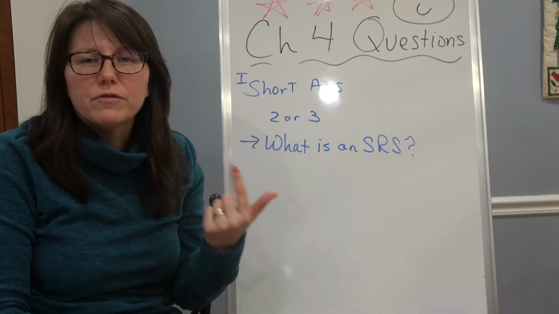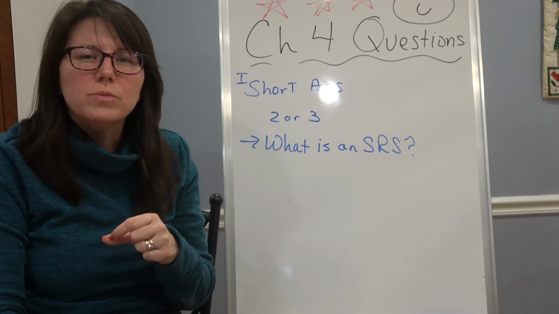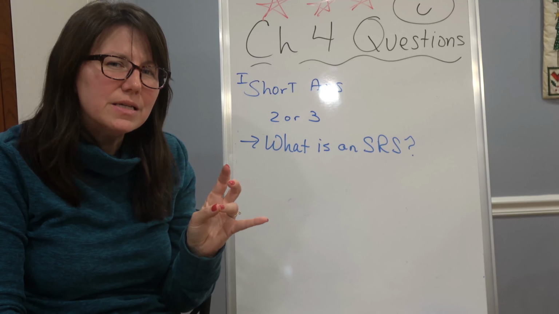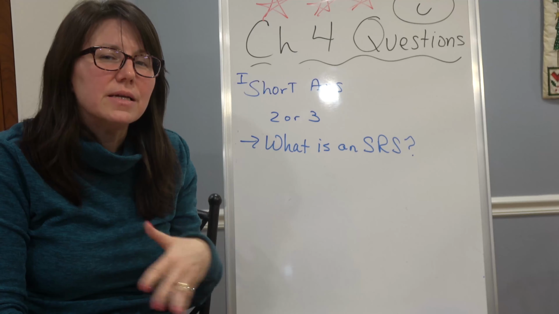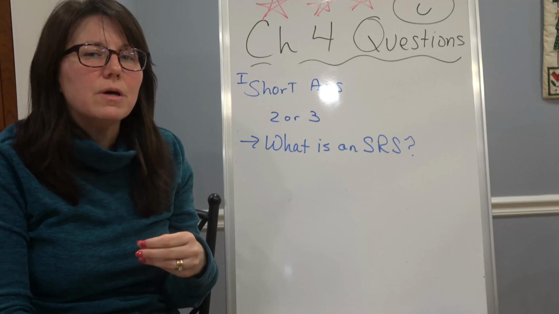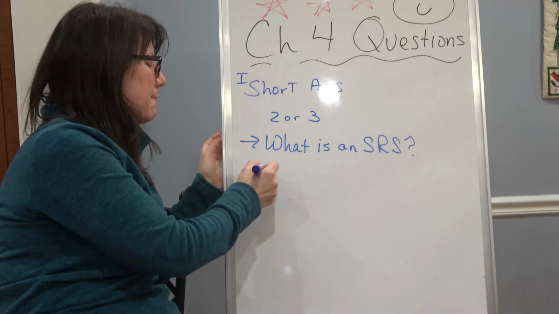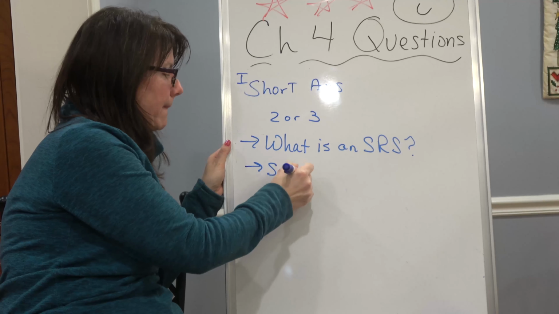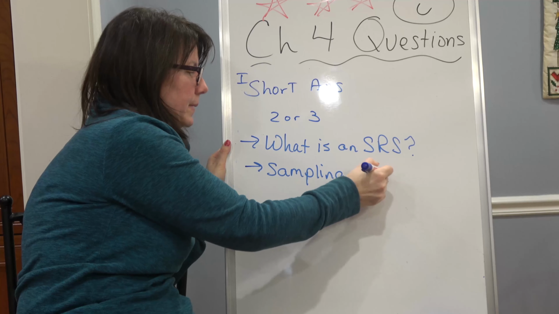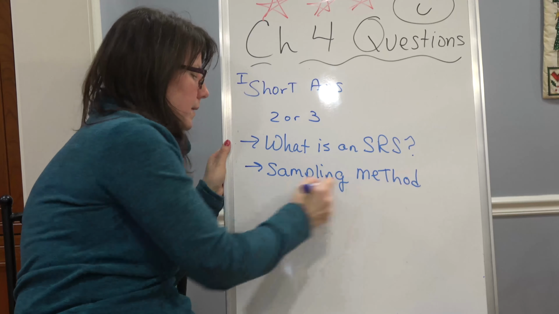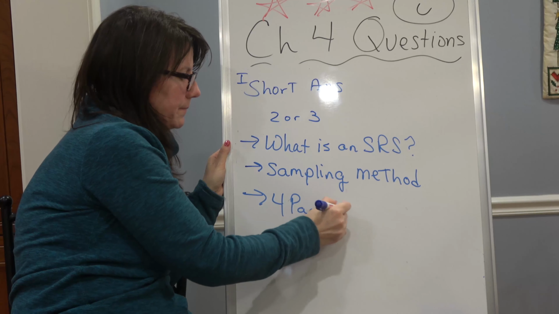Make sure you know all the different sampling techniques. Students often get confused between cluster and stratified sampling. Right, they are random sampling, but it's not a simple random sample. So make sure you know the sampling methods. Make sure you know 4 parts to every good experiment.